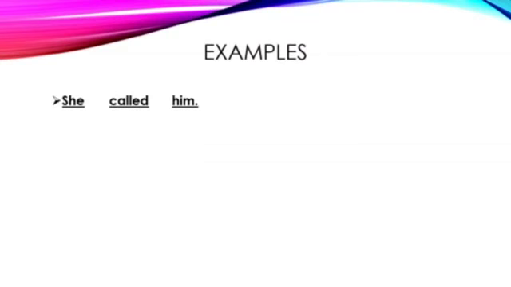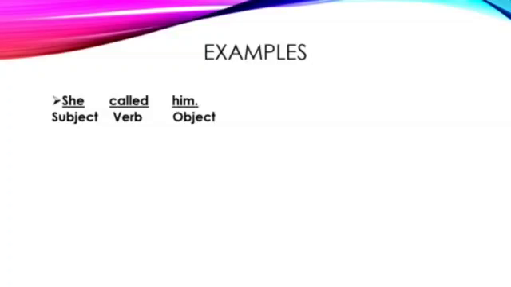So first is, she called him, in which she is working as subject, called is the verb and him is working as object, right? So she and him both are pronouns, whereas she is working as subjective case and immediately after the verb we use objective case.